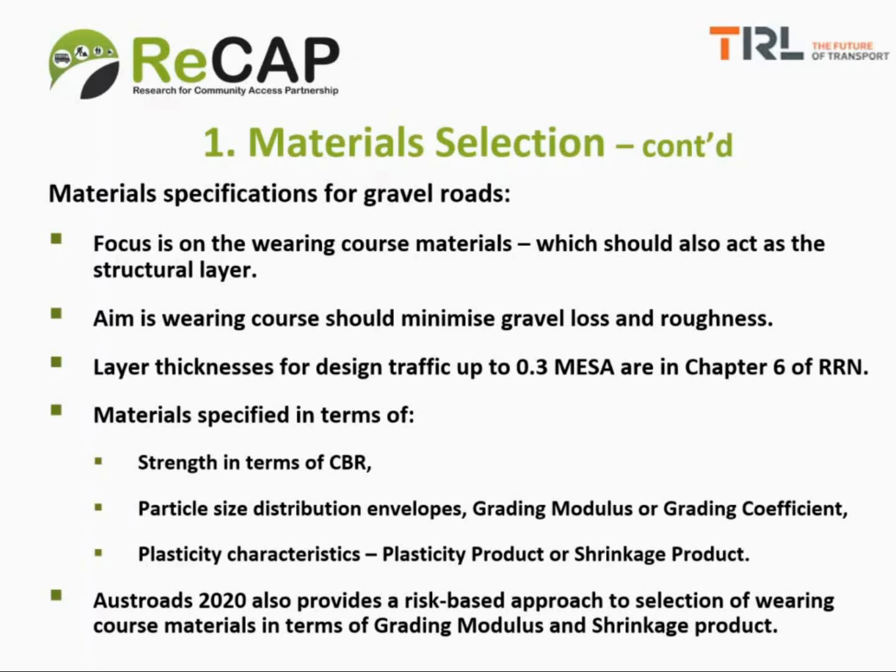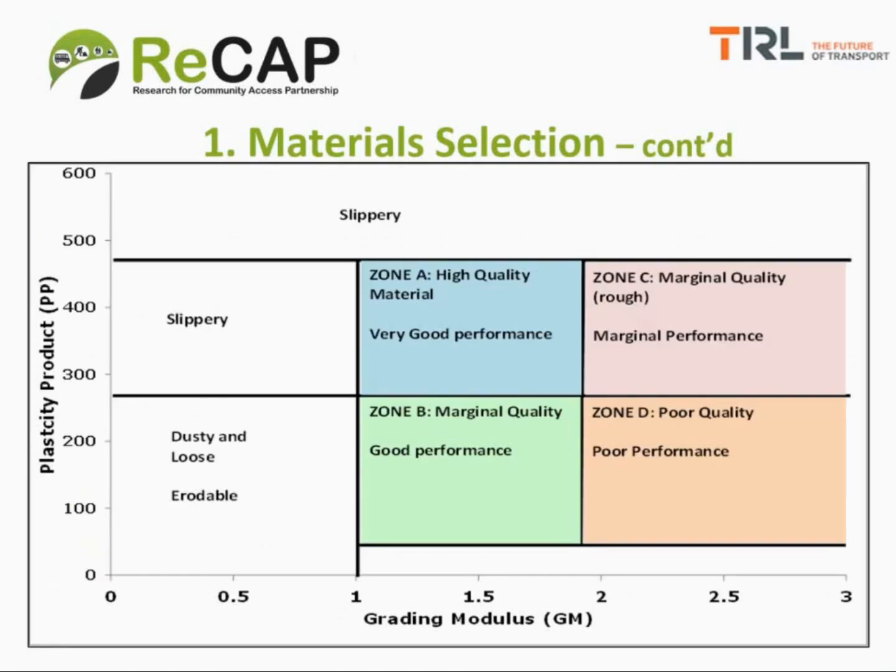Once again, the Austroads publication provides also a risk-based approach to the selection of wearing course materials in terms of grading modulus and shrinkage product. Here is an example of a chart to help in the selection of wearing course materials for gravel roads.